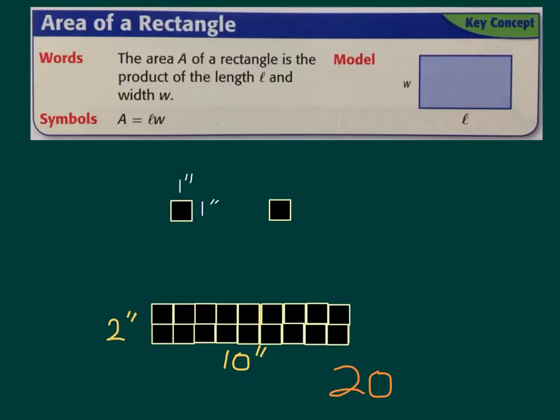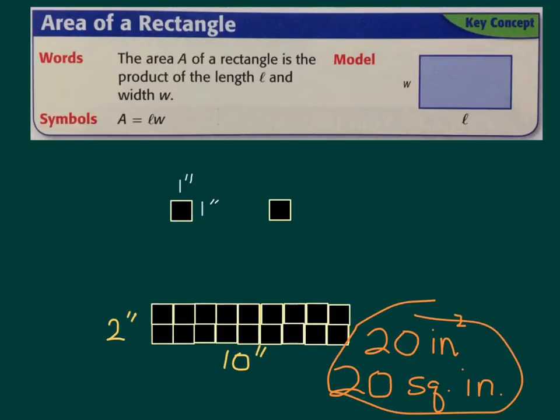So the area would be 20 square inches, and I can abbreviate it like that. Or some people will do it like this: 20 inches with the exponent of 2, remember, that's squared. Either way to write those would work.